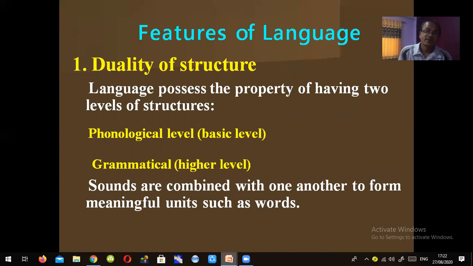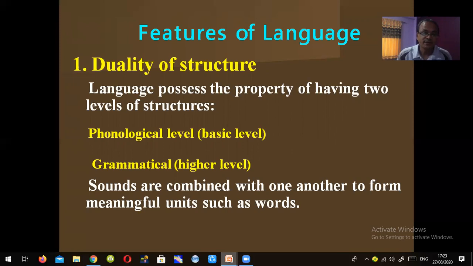What is duality of structure? Language possesses the property of having two levels of structure: the phonological level, which is related to pronunciation and transcription of pronunciation, their place of articulation, manner of articulation, and such other things. And the next part is grammar. It begins from word grammar to sentence grammar and even till discourse level.